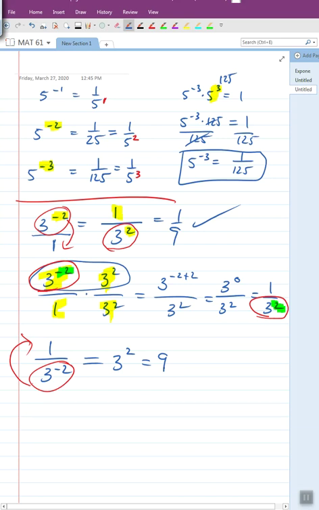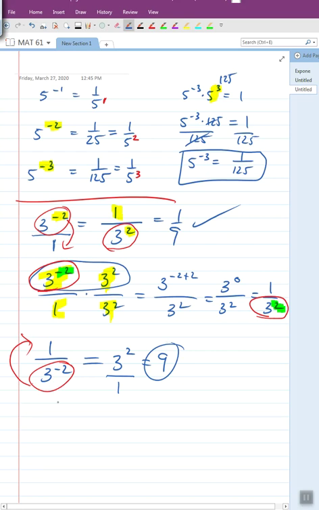Because if what we're saying is when you have a negative exponent at the top, you can just move it across the fraction bar at the bottom, and when you do, the sign of the exponent switches. It's also true when you move something with a negative exponent from the bottom of the fraction to the top of the fraction. The sign of the exponent still switches, except now there's nothing in the bottom except a 1, and you have a 3 to a positive 2 sitting in the top of the fraction. Well, that's just 9.